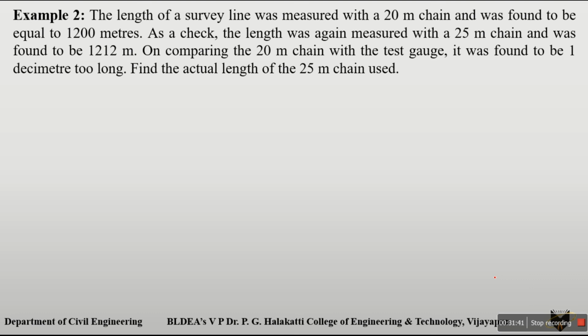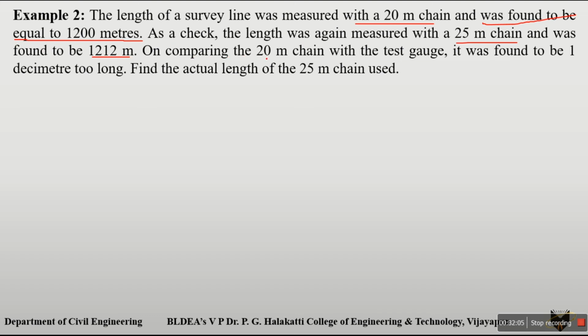Example number 2. The length of a survey line measured with a 20-meter chain was found to be equal to 1200 meters. As a check, the length was again measured with a 25-meter chain and was found to be 1212 meters.